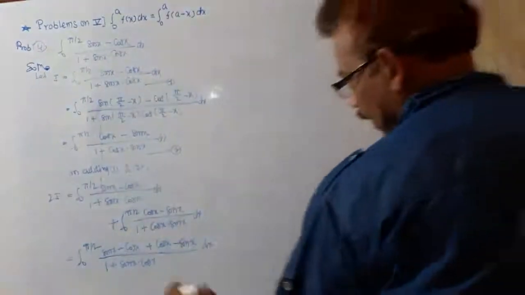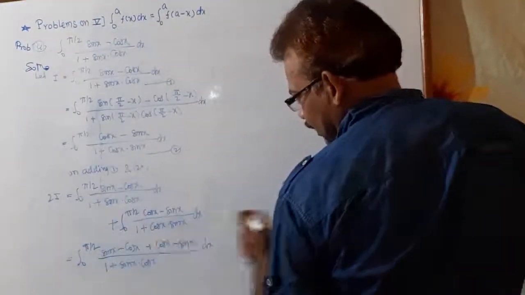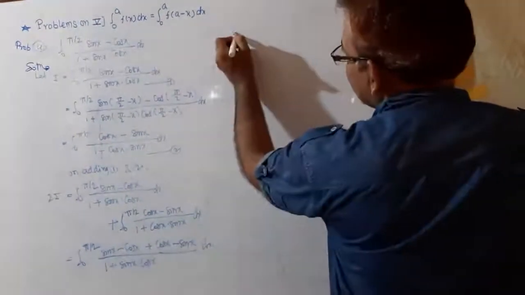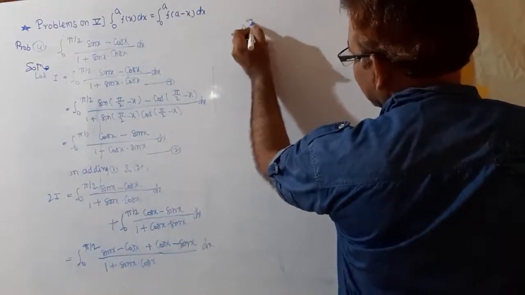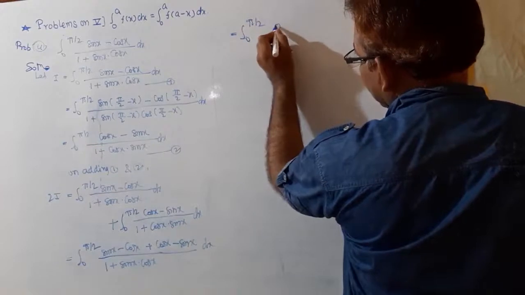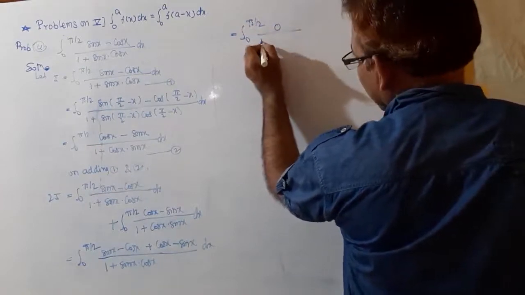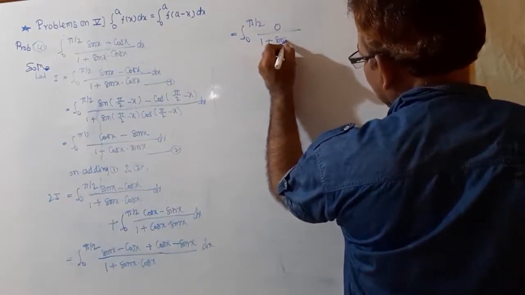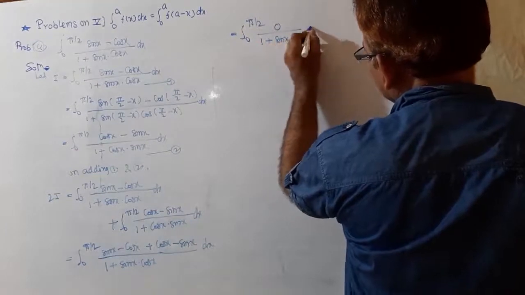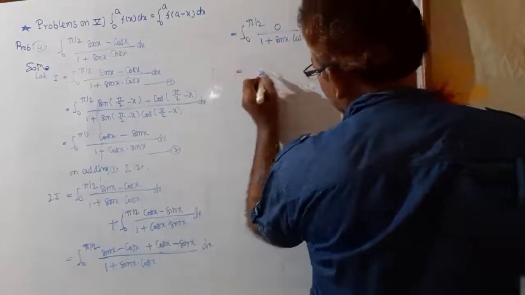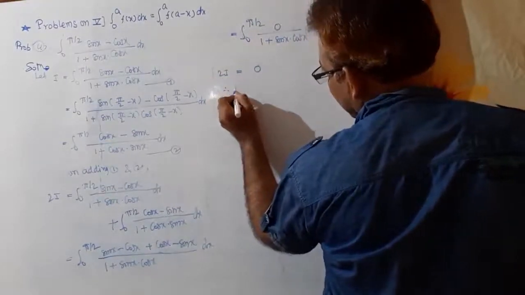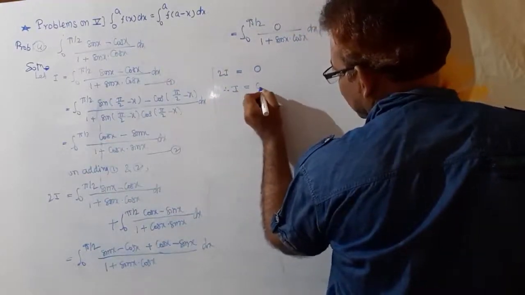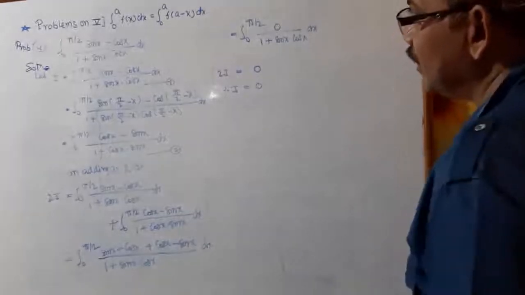So here sin x minus sin x cancel, minus cos x plus cos x cancel, so we get 0. That is equal to integration from 0 to pi by 2. Numerator here 0 and denominator is 1 plus sin x into cos x dx. 0 divided by anything is 0, and we get here 0. Left side is 2I, and therefore I equal to 0 upon 2 means 0, and thus solution is 0.